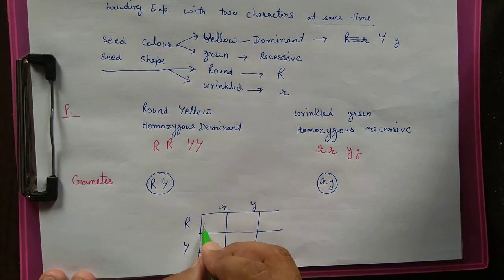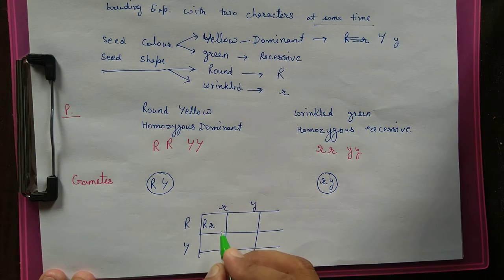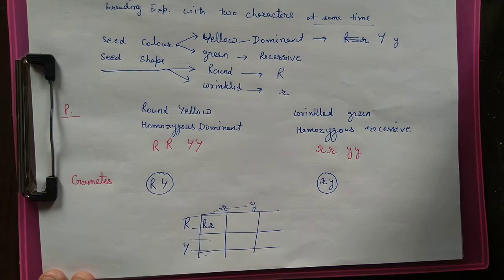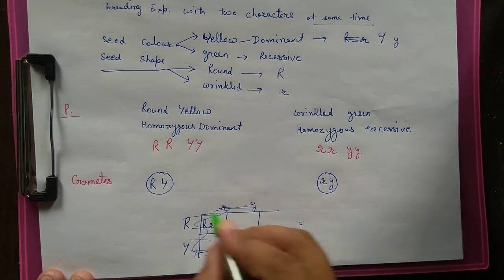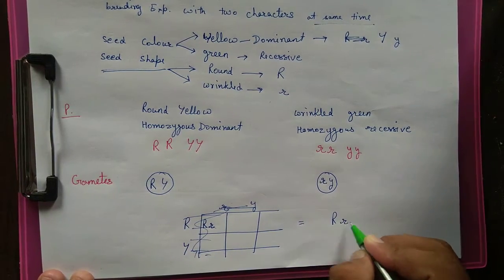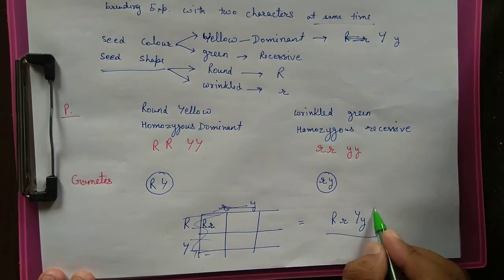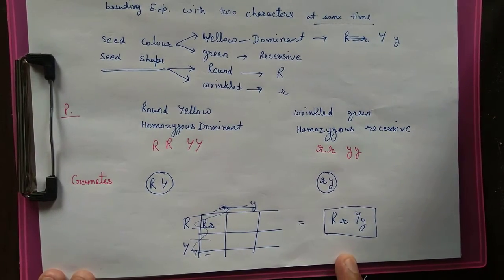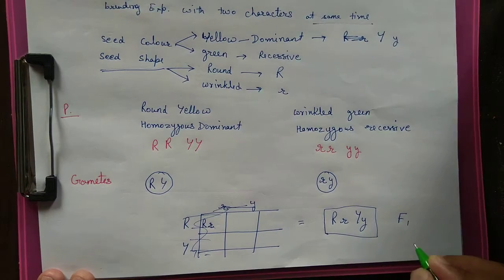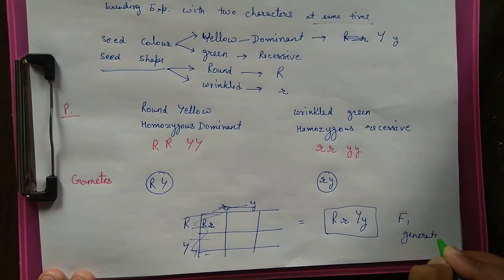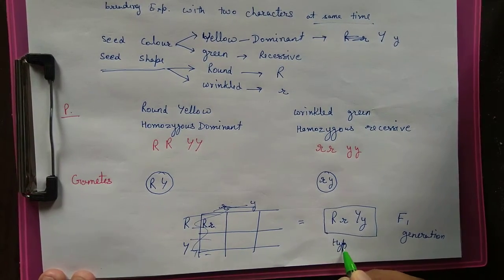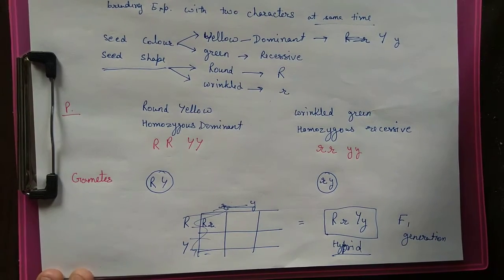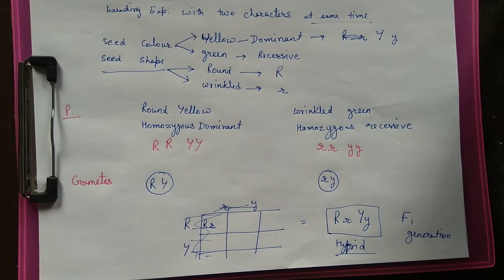We found the result is, because we are taking two characters, a hybrid. So this will be the F1 generation. This is the hybrid. As per Mendel's rule, the F1 generation is hybrid.